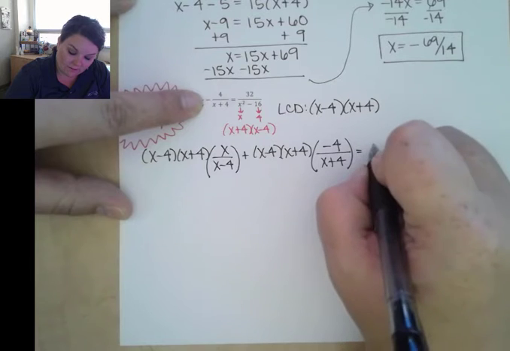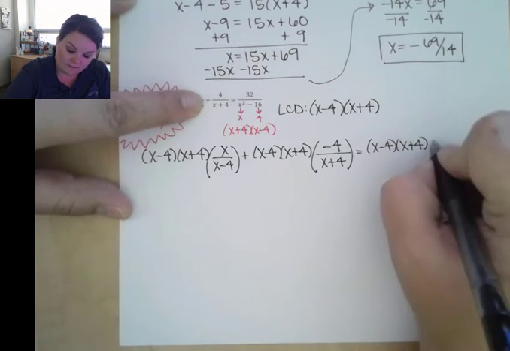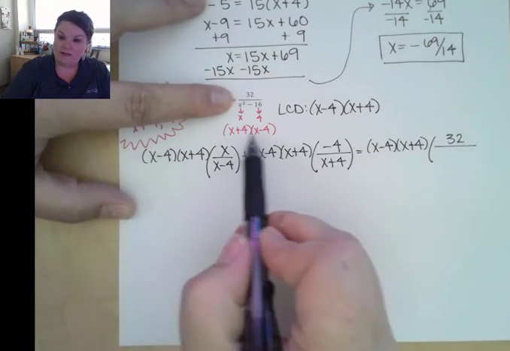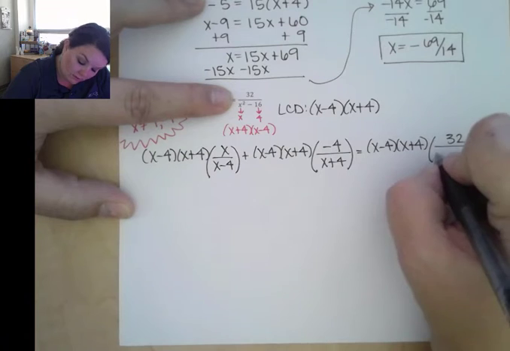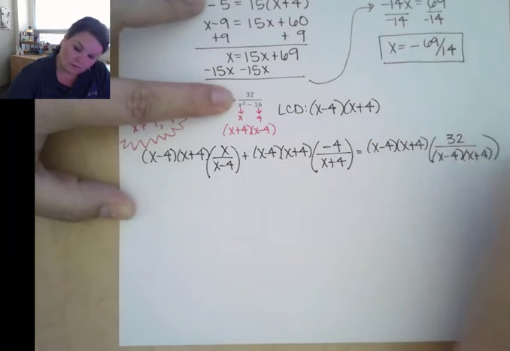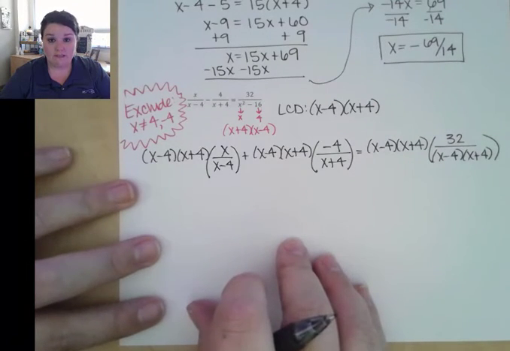And that's going to be equal to, again, my least common denominator times my last term, which is a 32 over, and then I'm going to write it in its factored version, which is x minus 4 times x plus 4. Okay? So now every denominator should cancel out.